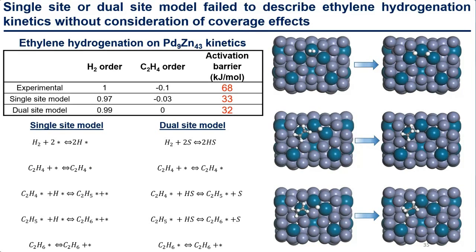Now, if we consider both independently a single site model and a dual site model with no consideration of coverage effects, what we see very quickly is that while the reaction orders are in good agreement, we're way off on the activation barrier. So again, consideration of coverage effects rears itself and demonstrates how important it is to consider.